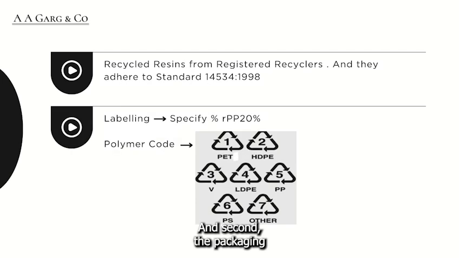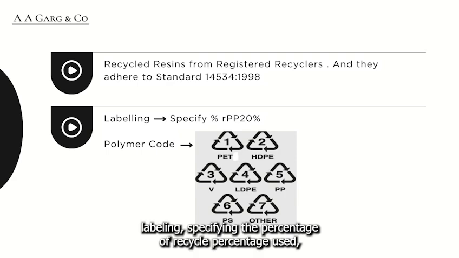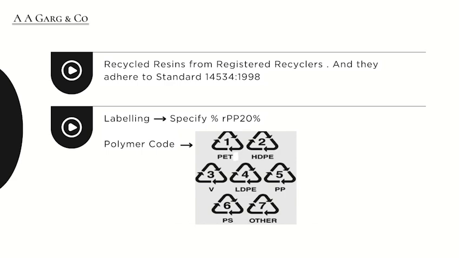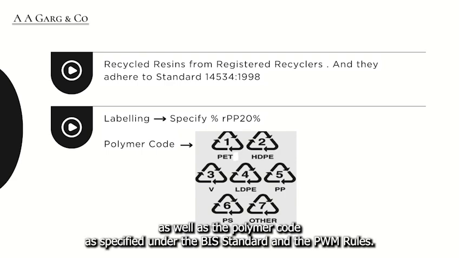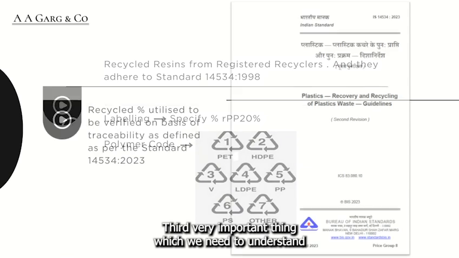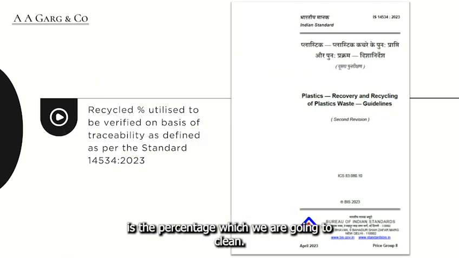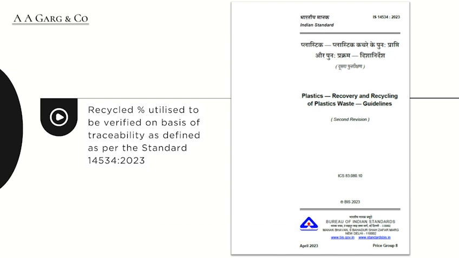Second, the packaging wherein the recycled materials are used needs to have a marking or labeling specifying the percentage of recycled content used, as well as the polymer code as specified under the BIS standard and the PWM rule.